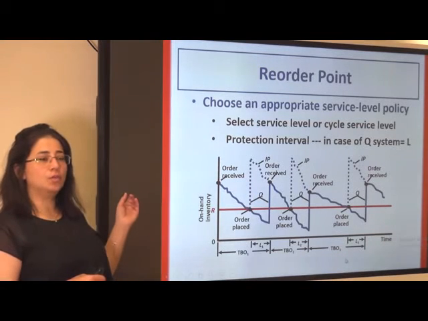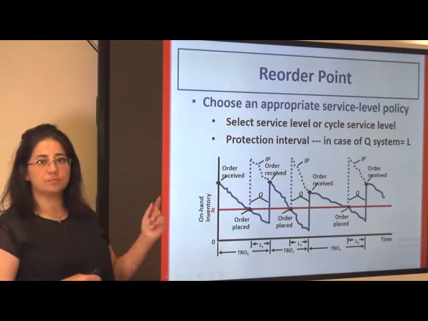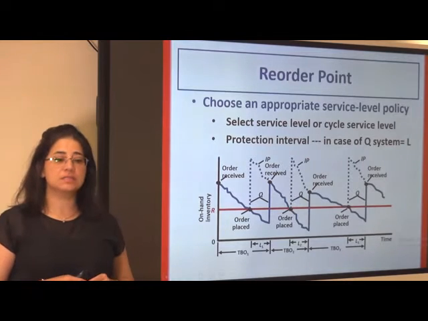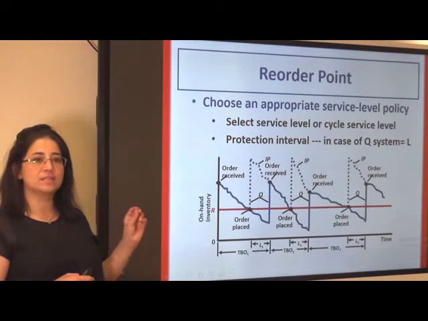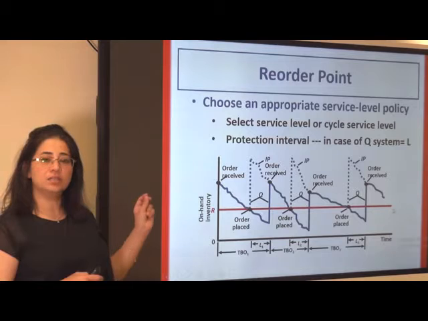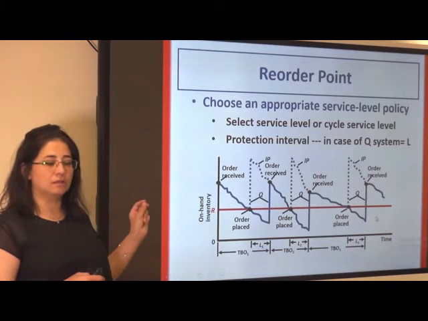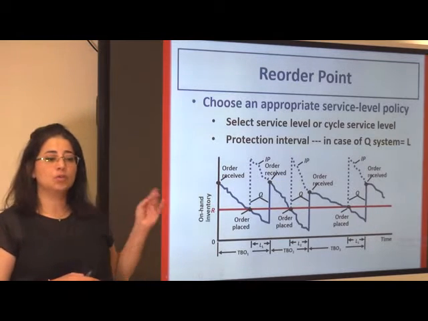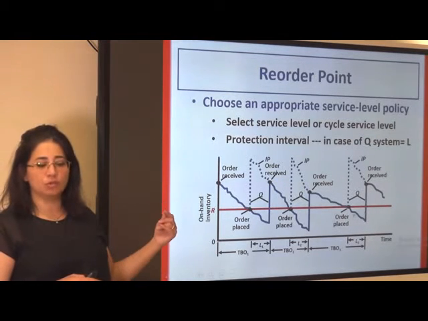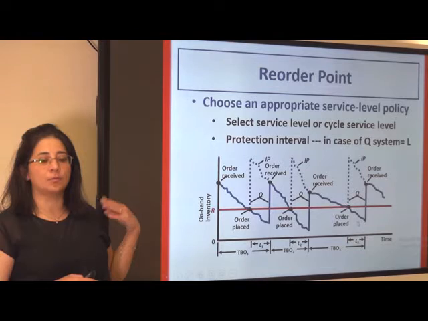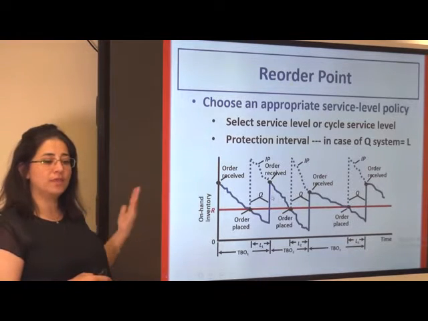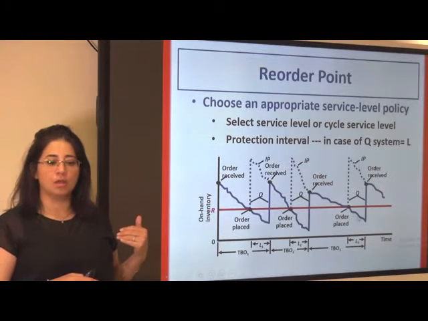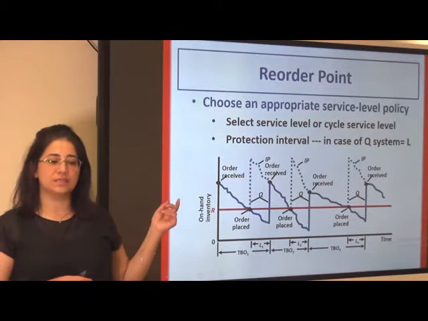So the reorder point has to cover this pipeline inventory plus safety stock to protect against uncertainty in lead time and in demand during the protection interval. Because we are continuously reviewing the inventory position, the probability of stock out before the lead time is very small. The period that we have to protect is L.